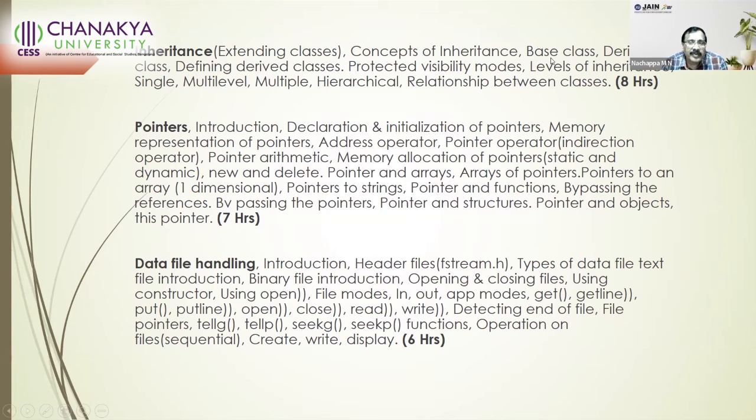Like I said, the base class might be your grandfather class, and the derived class might be your grandson class. How to do that, and the different types of inheritance: single inheritance, multilevel, multiple, hierarchical. And what is the connection between those types? That is what you'll be learning here.